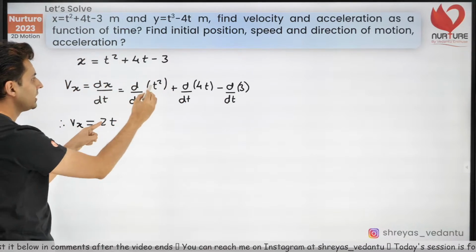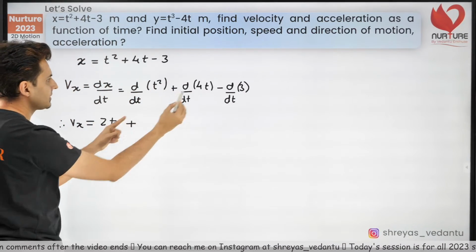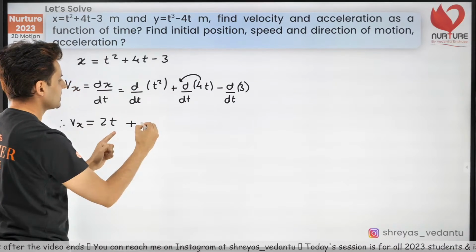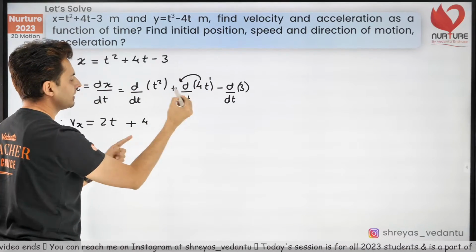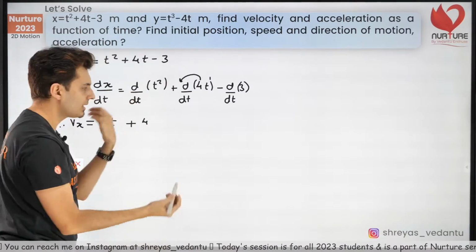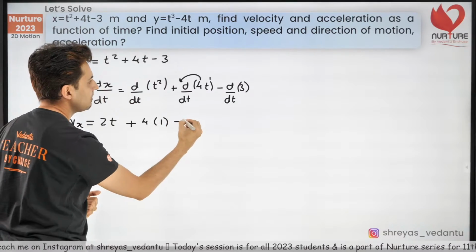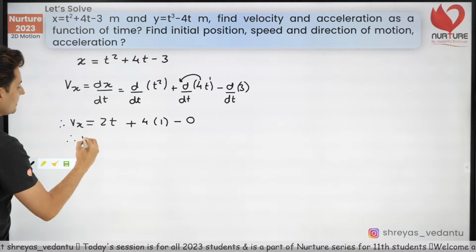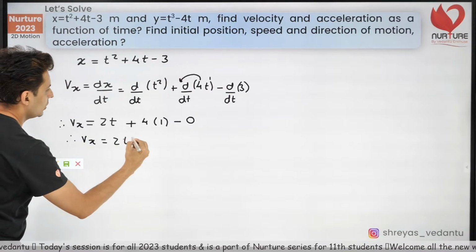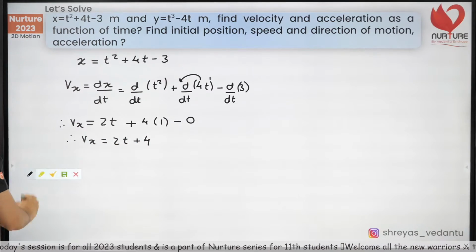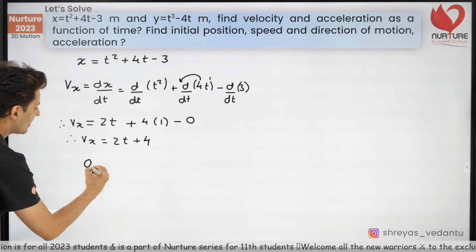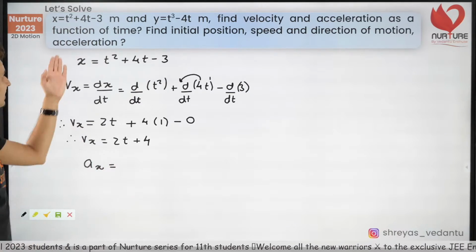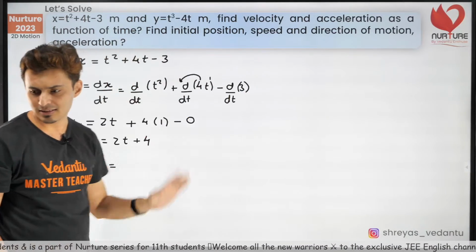N is 2, t's power reduced by 1. Plus 4 is a constant, it just comes outside, t's power is 1, so the derivative of t raised to 1 is 1. Do not forget that. Minus derivative of a constant, 0. Therefore, Vx will be just 2t plus 4. Beautiful.